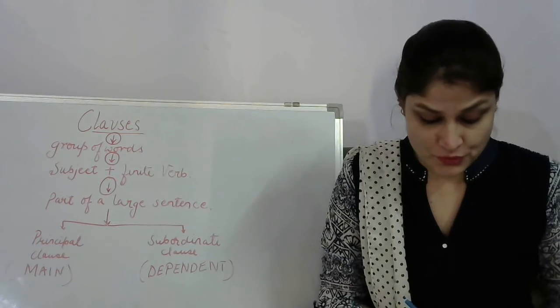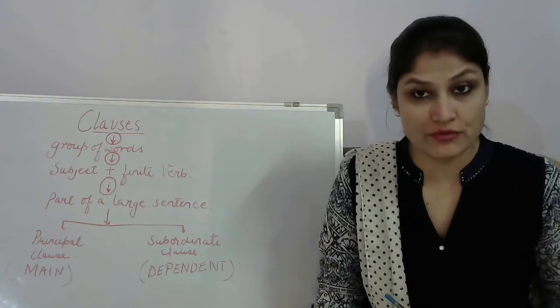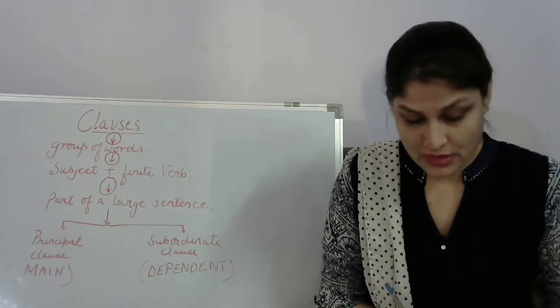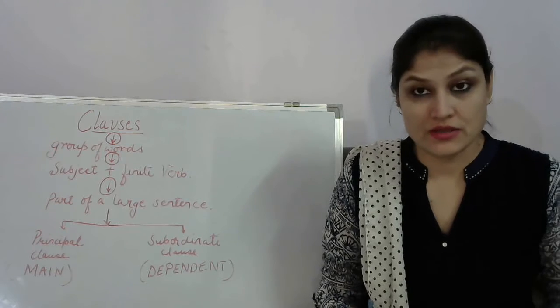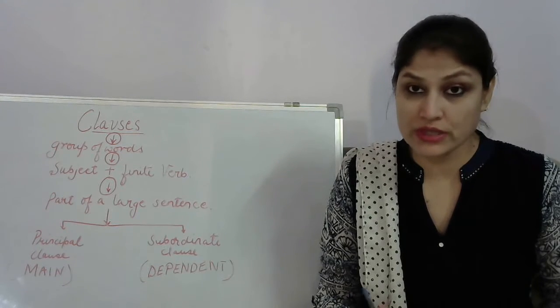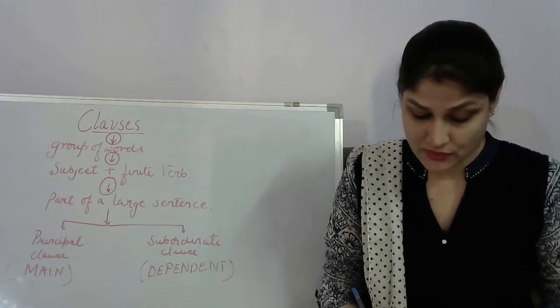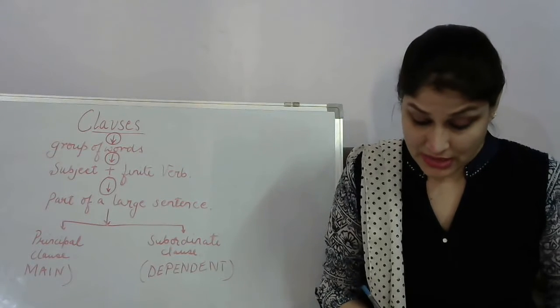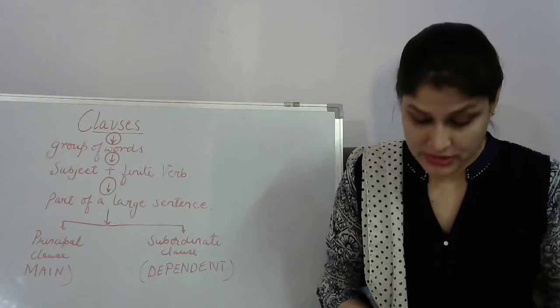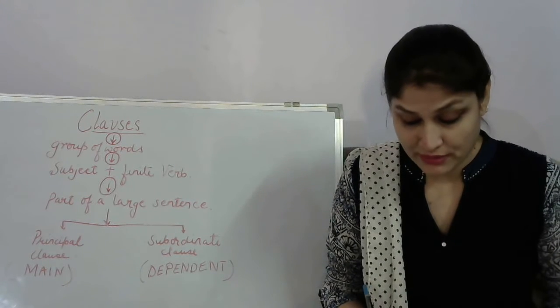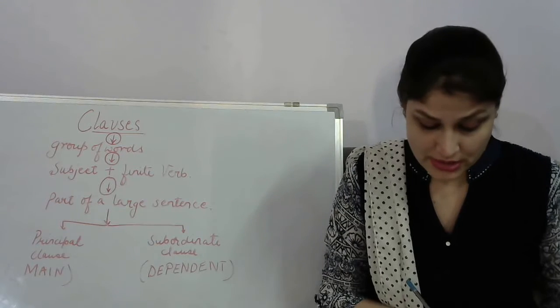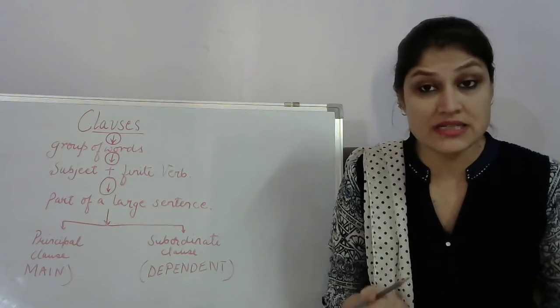Now let's move to the third clause, that is your adverb clauses. Now, like always, the clause that works as an adverb is known as an adverb clause. It may therefore modify a verb, an adjective, or another adverb. It acts as an adverb.